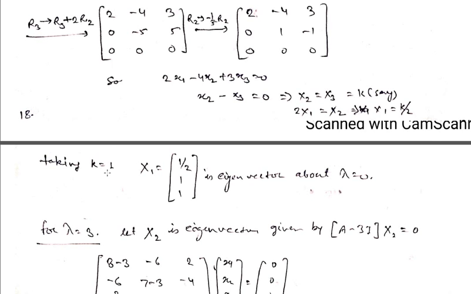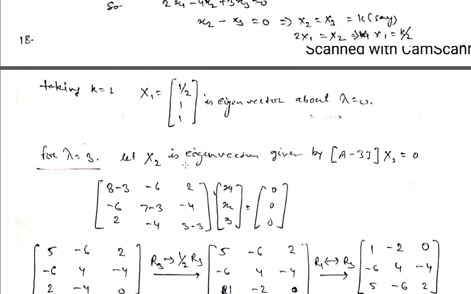We might take it as 2. If we take k equal to 2, it becomes 1, 2 and 2. So this is an eigenvector corresponding to lambda equal to 0, and it's the only independent eigenvector for this system of equation, and the rest of all the eigenvectors which satisfy this set of equation are dependent on this.